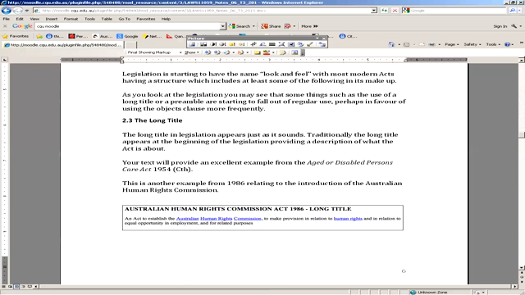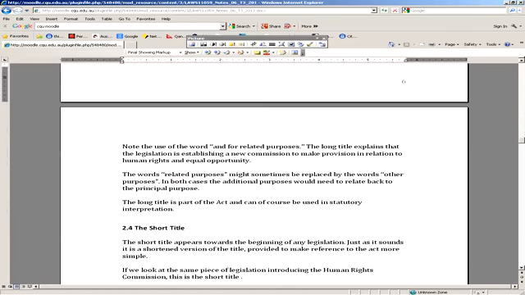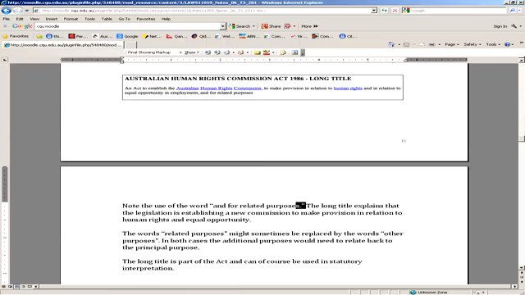This is what this Act does. It establishes the commission. It makes provisions in relation to human rights and equal opportunity as to employment and related purposes. And they make the good point that right at the end of this long title, which you'll notice doesn't have a section number, it's separate from the sections of the Act, it goes before those sections, there's this phrase, and for related purposes.